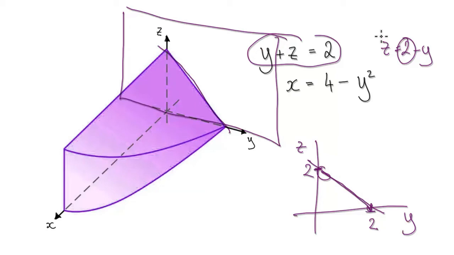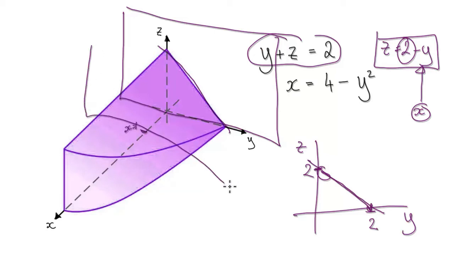Looking at our surface, the absence of an x means that when x equals 1, now you're looking at this vertical sheet of paper here, you're going to have this same line, intercept of 2, and a gradient of -1.